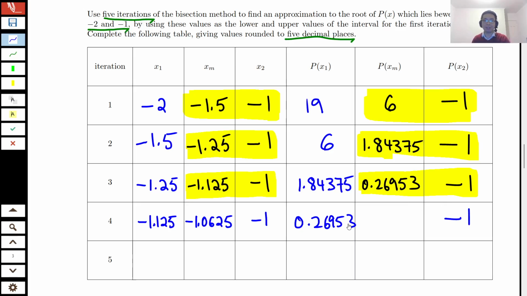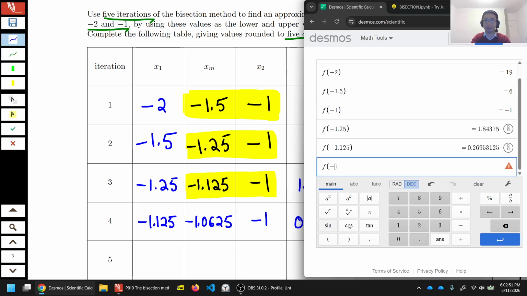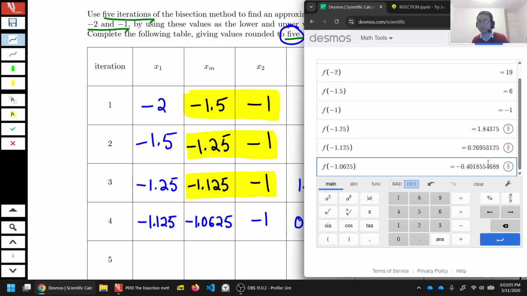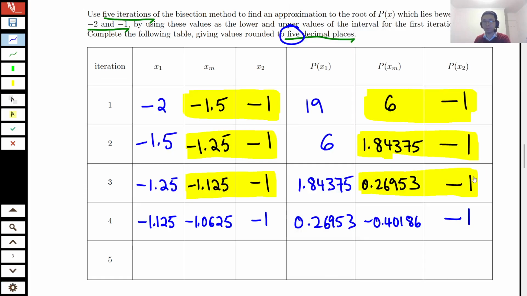So my next number is negative 1.0625. So we'll chuck that in, and we get negative 0.40186. Rounded to 5 decimal places, as I've asked in the question. Okay, now remember, every time I'm preparing for the next iteration of the bisection method, I'm asking the question, where in the interval did the function change sign?